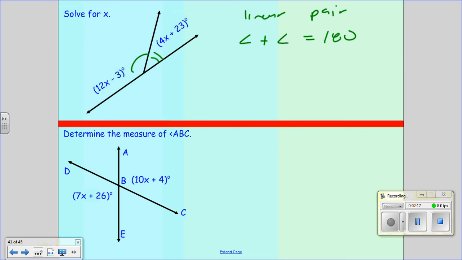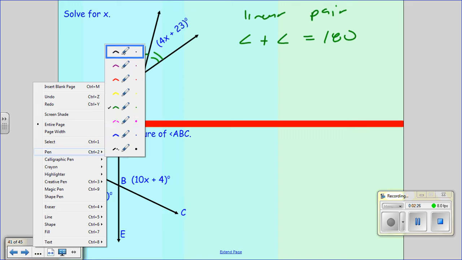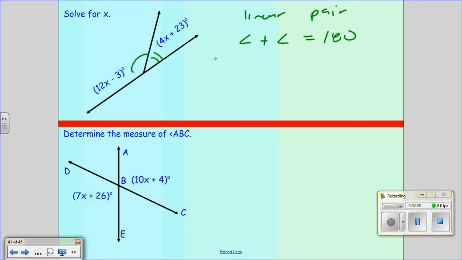Now that I know that, I can write the algebraic expression that represents each angle. I would have 12x minus 3 plus 4x plus 23, and that's equal to 180. So now combine our like terms. 12x plus 4x gives me 16x.